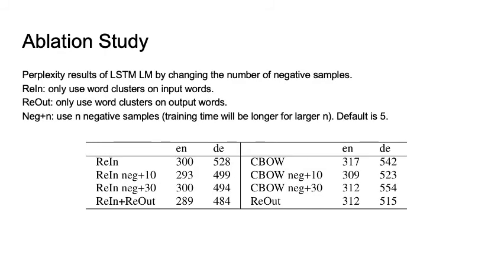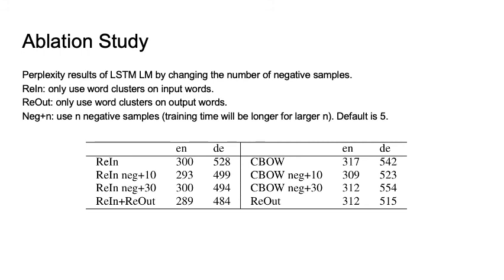We then analyze input word clusters and output word clusters separately, and also verify that our output word clusters can make the training more efficient. Re-in means we only use input word clusters, and re-out means we only use output word clusters. And plus n means we use n negative samples.